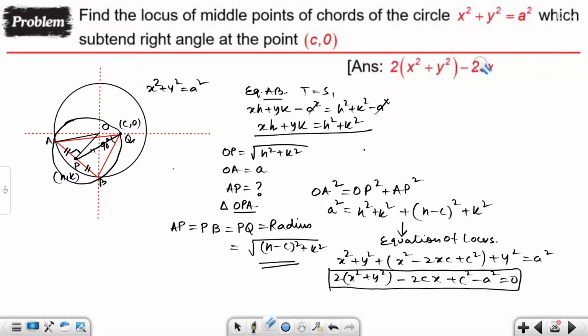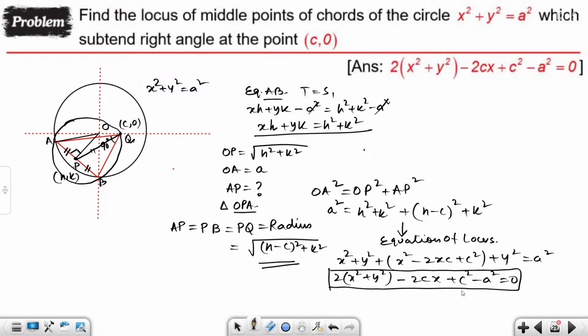Let me just summarize what we have done. Whenever we find that two lines are making an angle theta at the origin, the first thing that comes to our mind is homogenization of that curve with respect to that line.